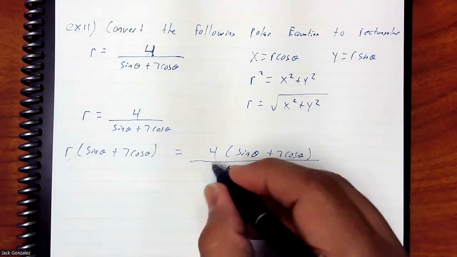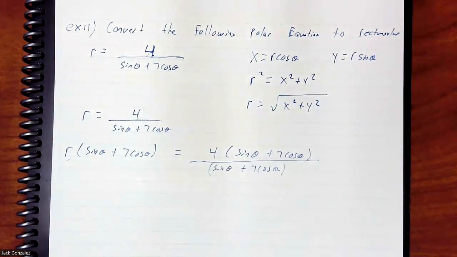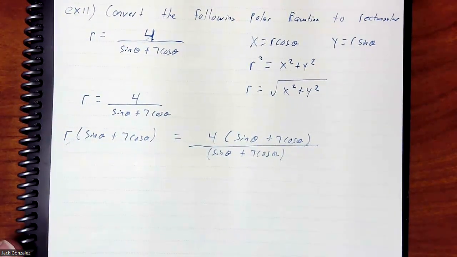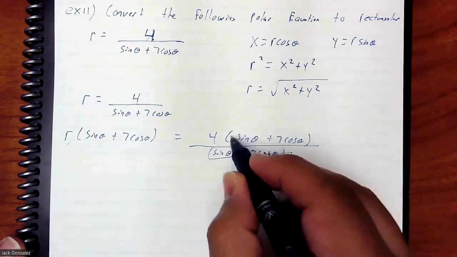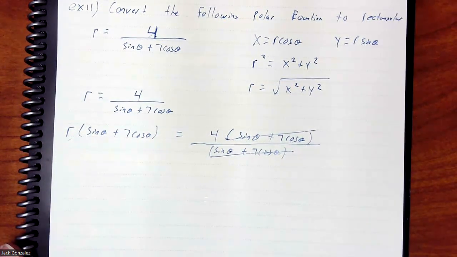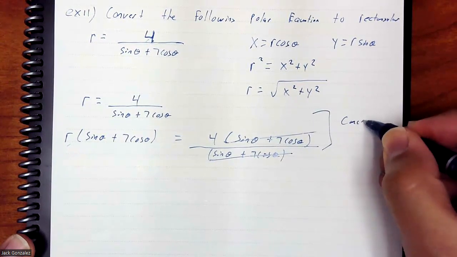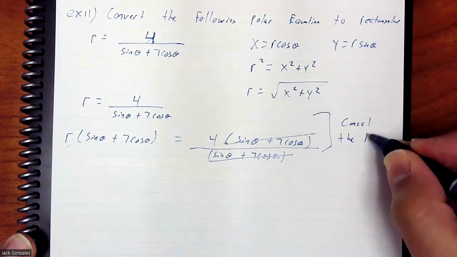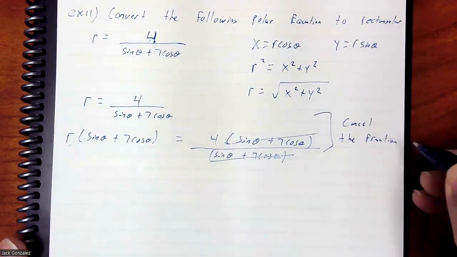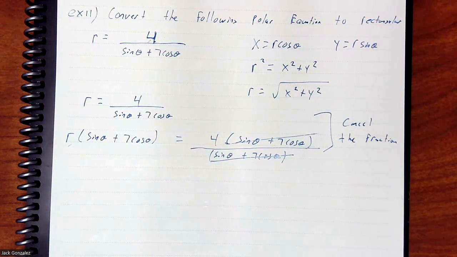So you see how it's going to cancel this on the bottom, right? This is gone. So the first step is cancel the fraction by multiplying both sides by your denominator.